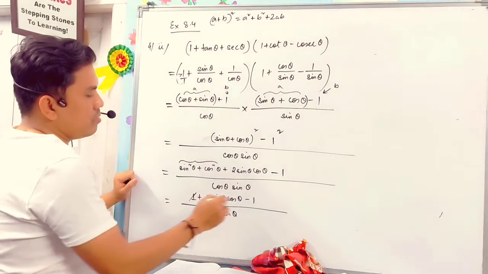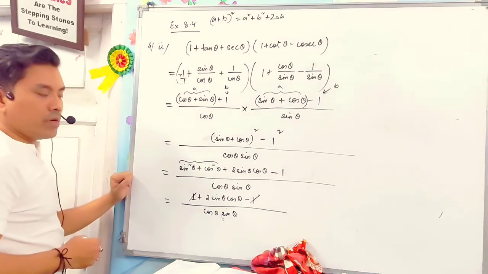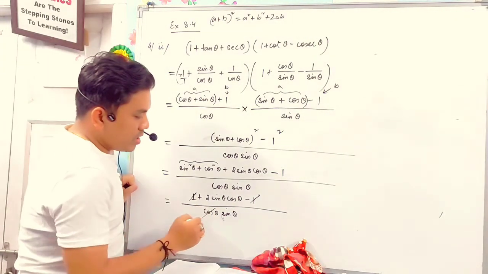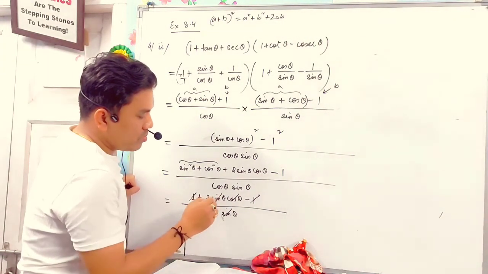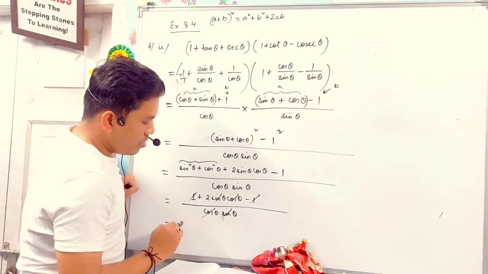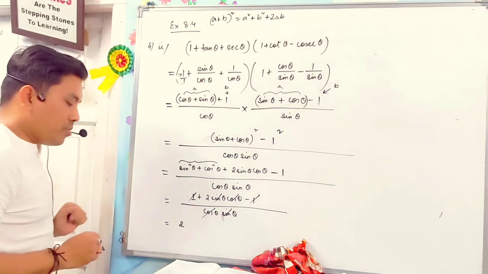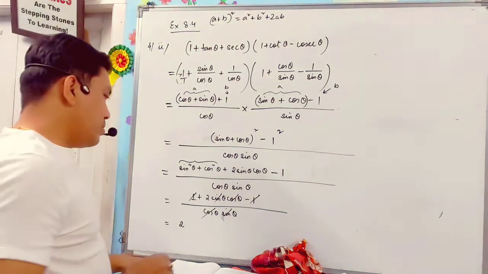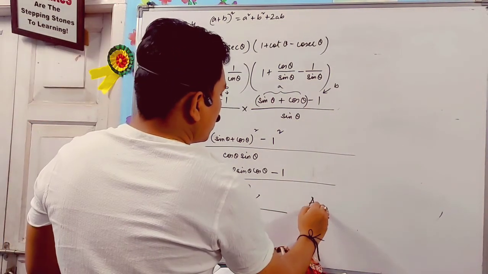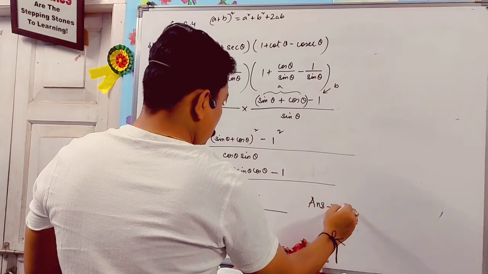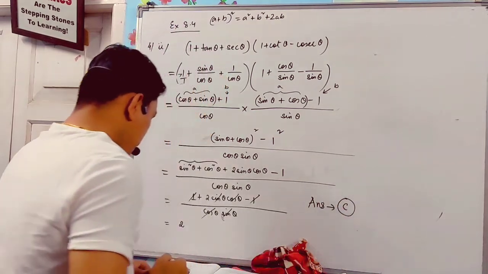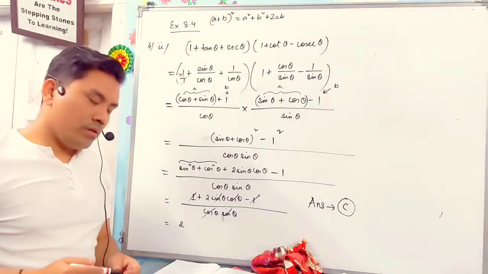So this 1 got cancelled. Cos theta will be cancelled with cos theta, sin theta will be cancelled with sin theta, and finally we got 2 as the answer. Is there any option as 2? Yes. So the answer will be C. Okay. Is it clear? Alright.